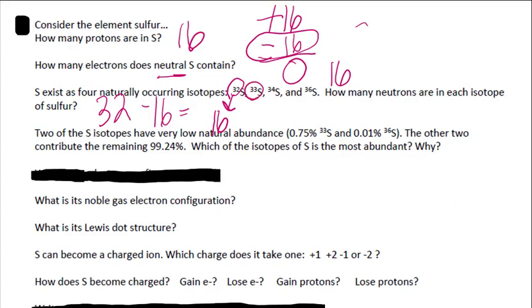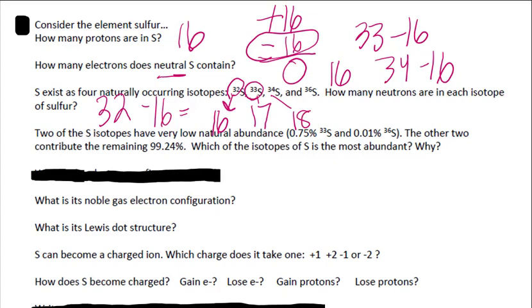For this isotope, 33 minus 16 would give me 17 neutrons. 34 minus 16 would give me 18 electrons, or I'm sorry, 18 neutrons. And this isotope, 36 minus 16, would give me 20 neutrons.